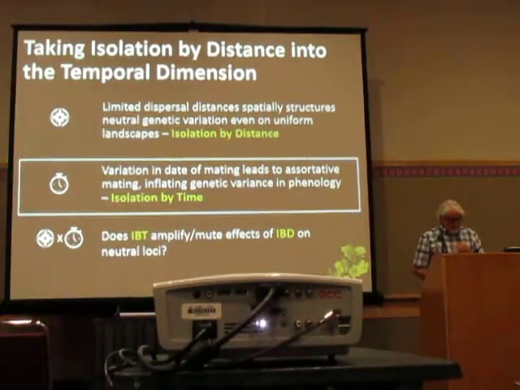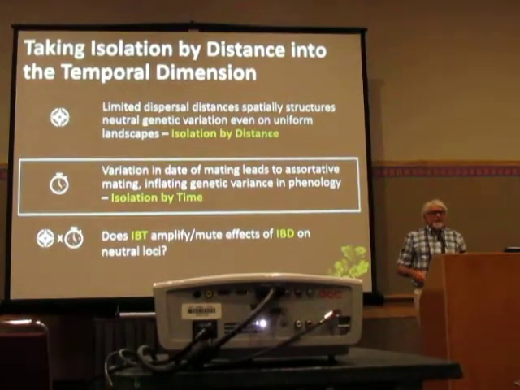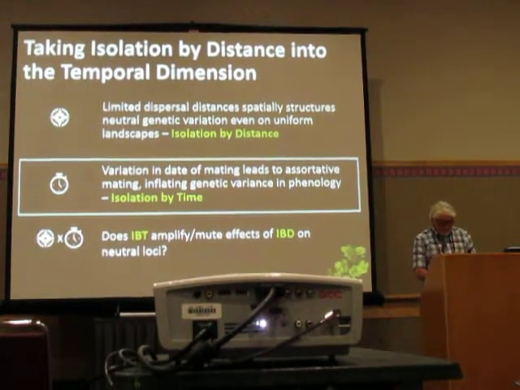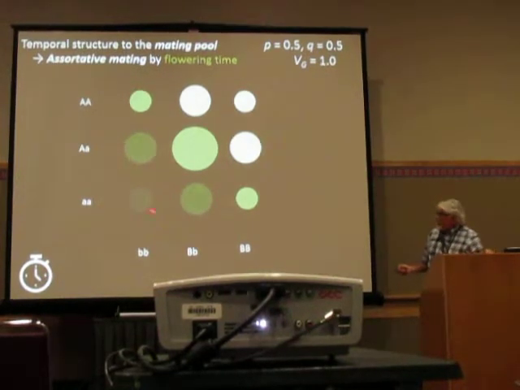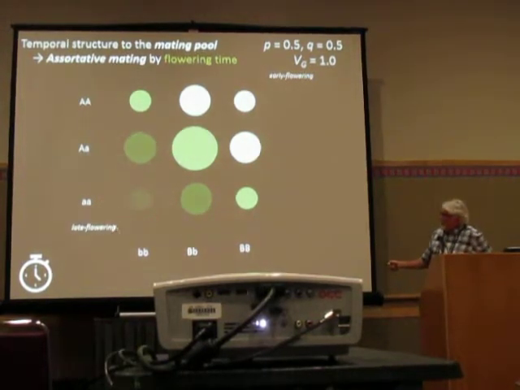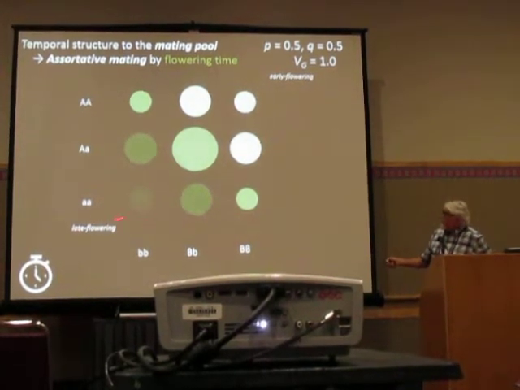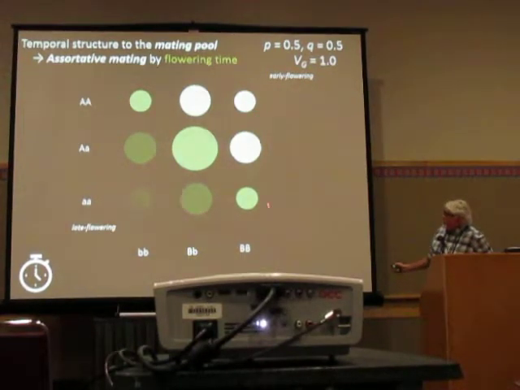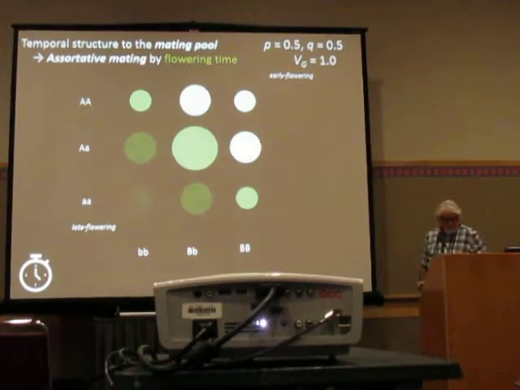So what we want to go on to next is, let's think, how does genetic variance in mating phenology affect temporal structure in the population? So imagine we have this situation where we have 2 alleles affecting flowering time, and we have late flowering genotypes down here, early flowering genotypes here, and intermediate right here, okay?